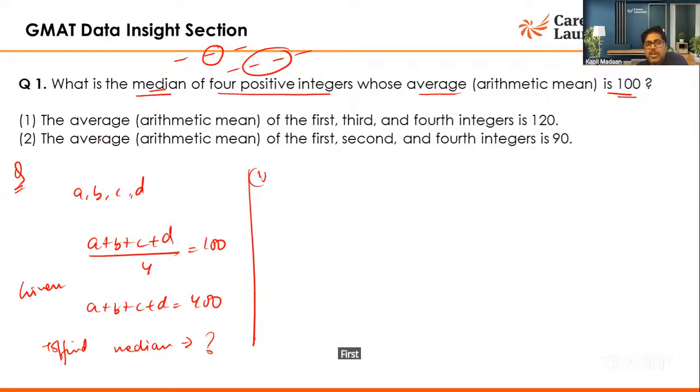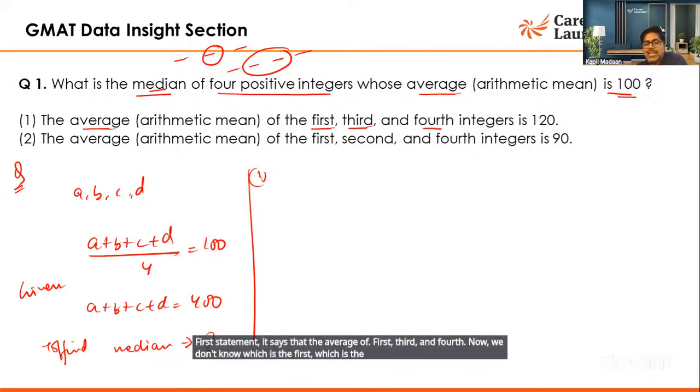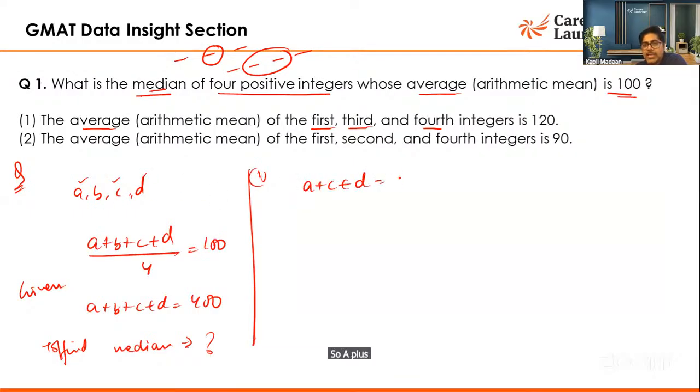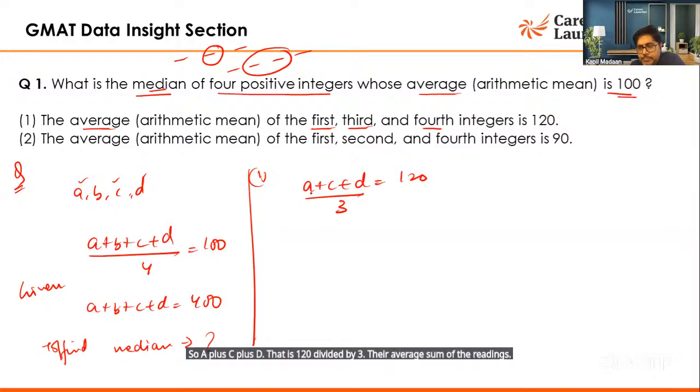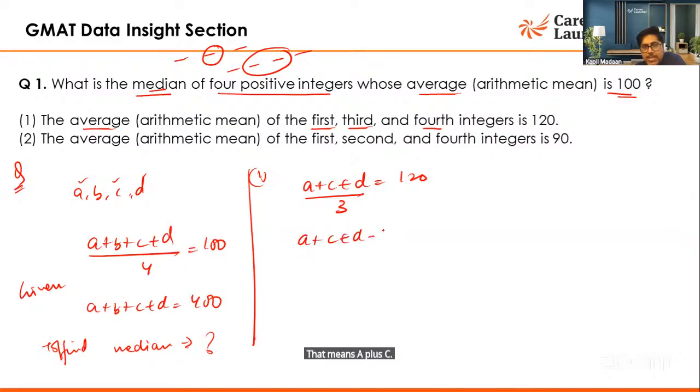First statement says the average of first, third, and fourth. We don't know which is first or third, but let's take these three numbers as A, C, D. So A plus C plus D divided by 3 is 120, the average of the readings. That means A plus C plus D is equal to 360.